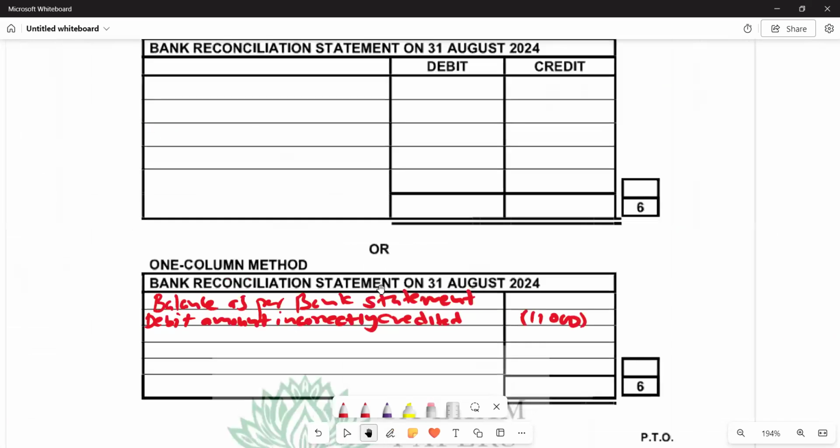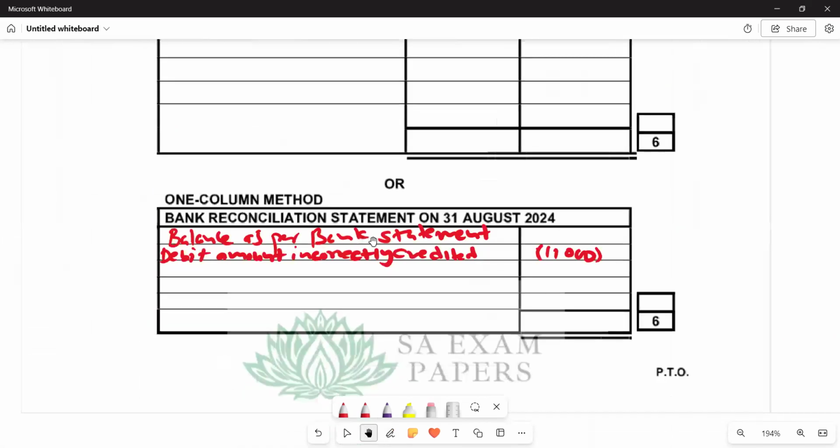So we are now here on our bank reconciliation. Firstly, let's start by showing our outstanding deposit. So here we are saying credit outstanding deposit, and the amount that we have is 24,620. So just show it as a positive.